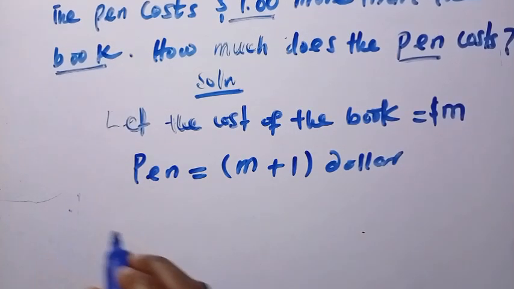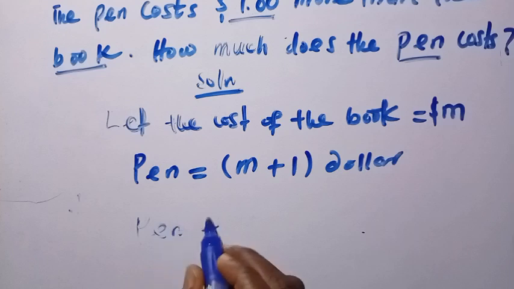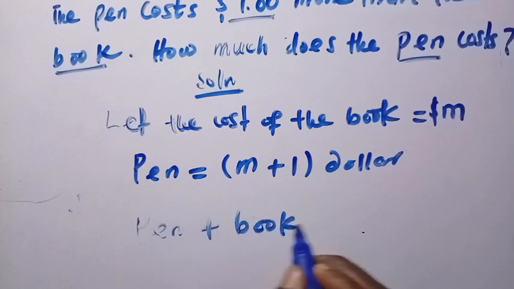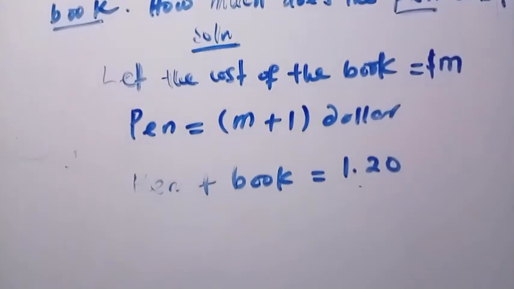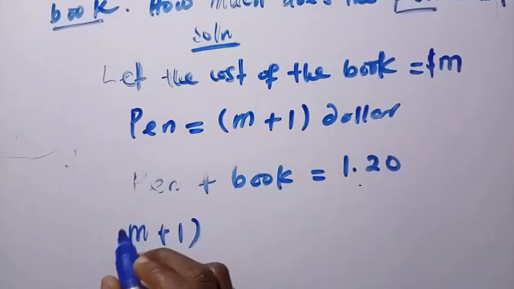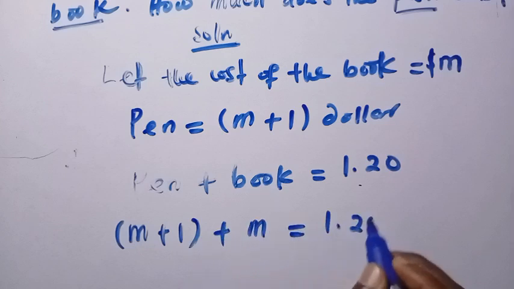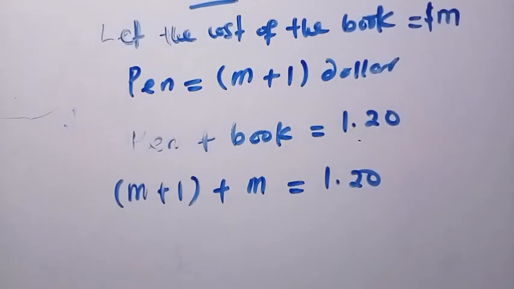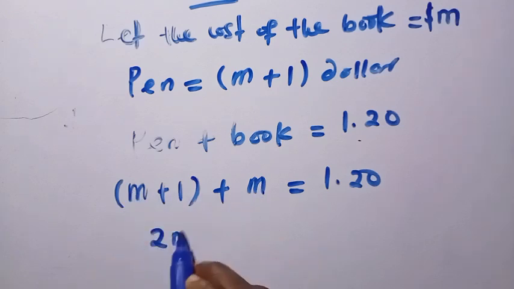So we add the price of the pen plus the price of the book, which equals 1.20. If the pen is M plus 1, plus the book, which is M, equals 1.20, then adding M plus M gives us 2M.